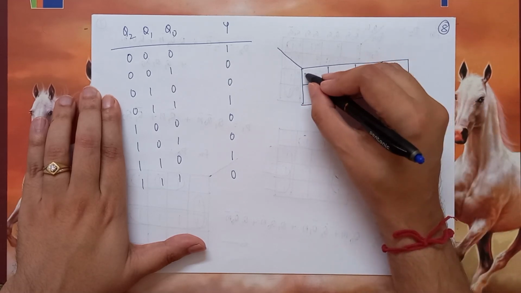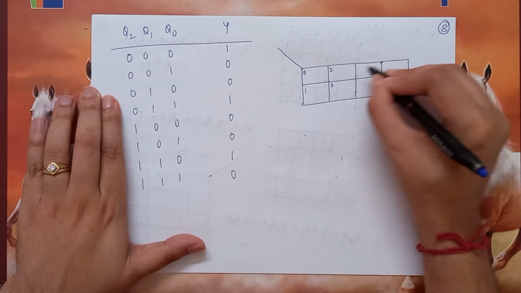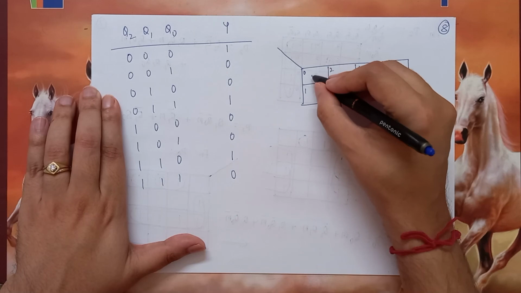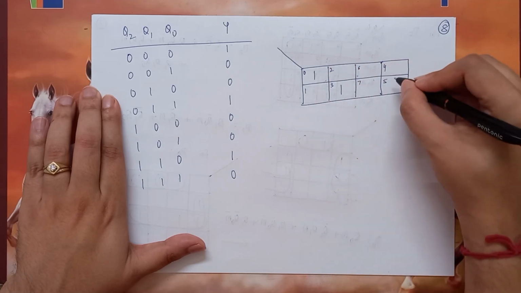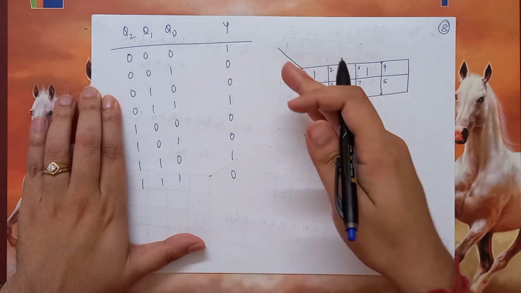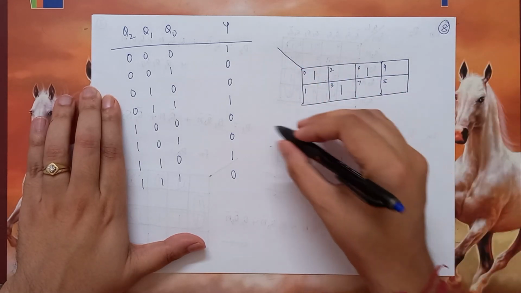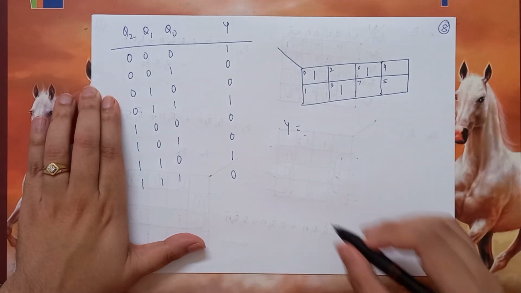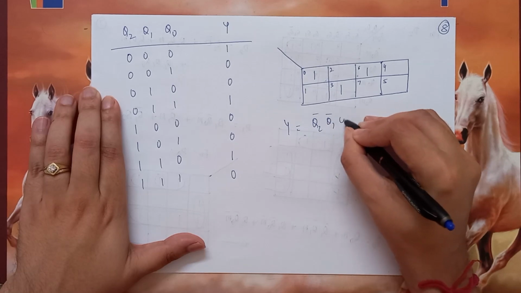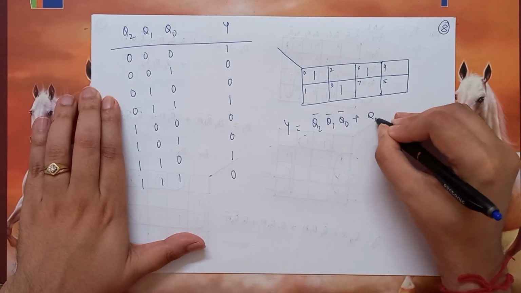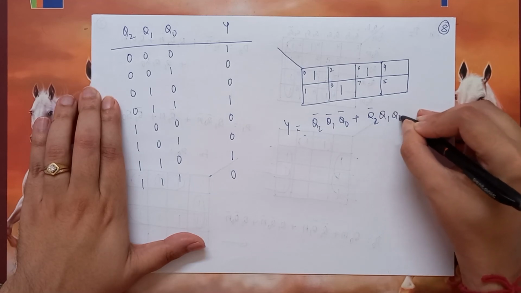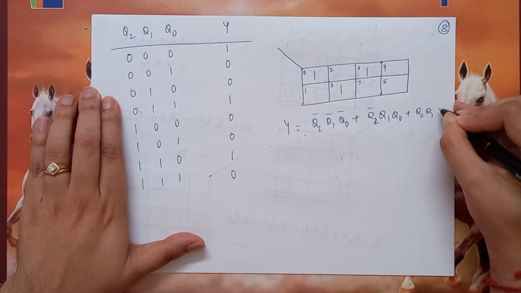So 0, 3 and 6 are the minterms. As you can see, there is no easy way to simplify it. So Y will just have to be written in the canonical form, that is Q2 bar Q1 bar Q0 bar plus Q2 bar Q1 Q0 plus Q2 Q1 Q0 bar.